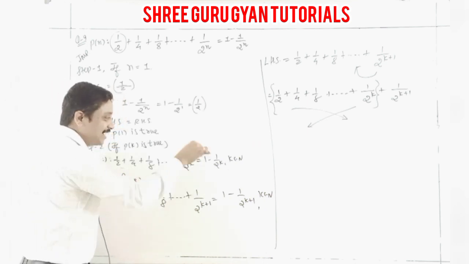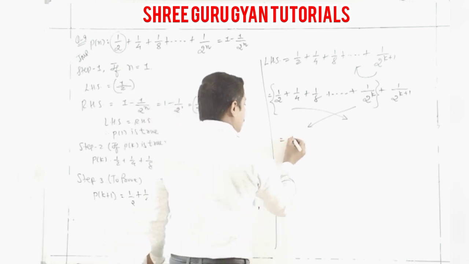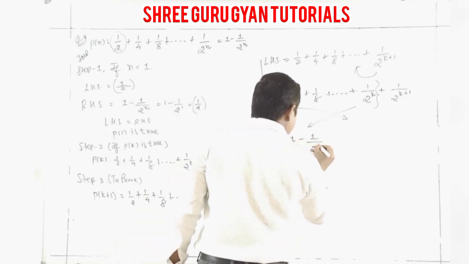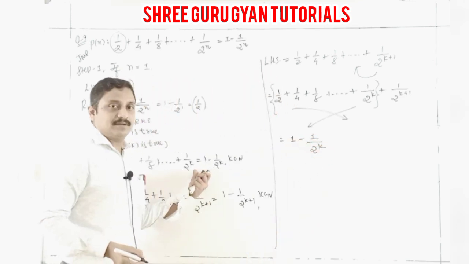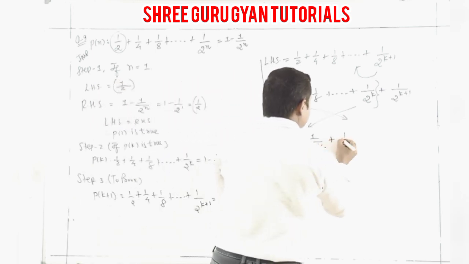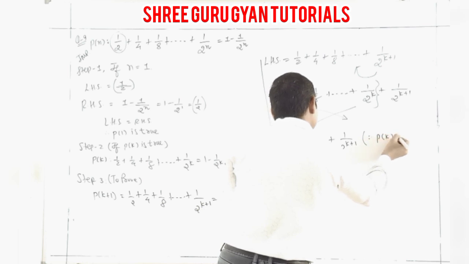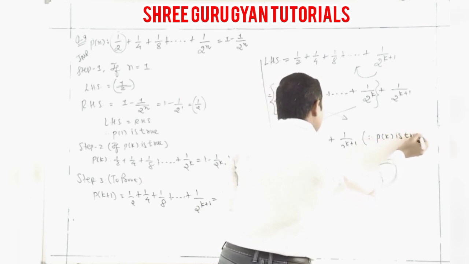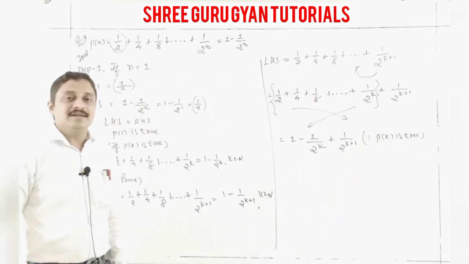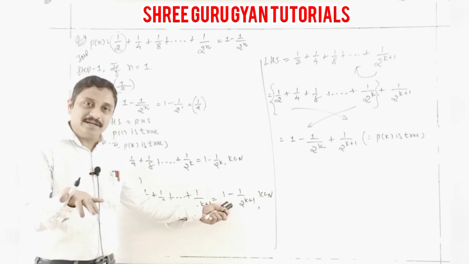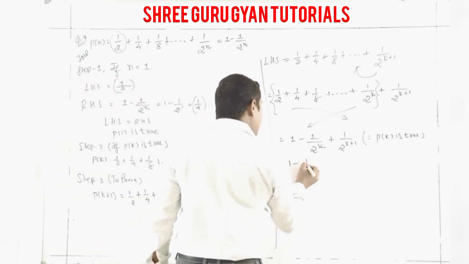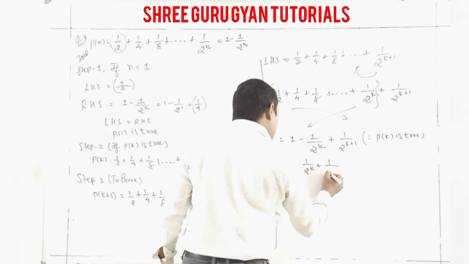Correct? That will be applied here. 1 minus 1 by 2 raised to k, this one. And the last one is same, because I wrote Pk is true. Students, here you mention it. Now I think your RHS is done. Check. Can we write down base same then power addition?